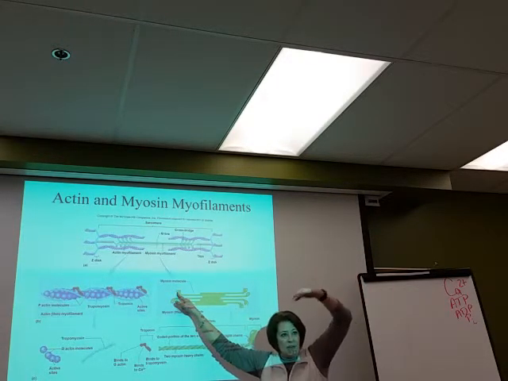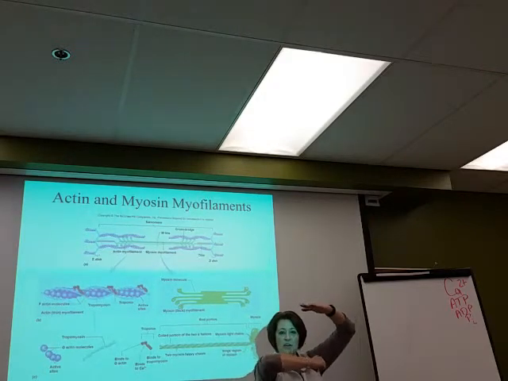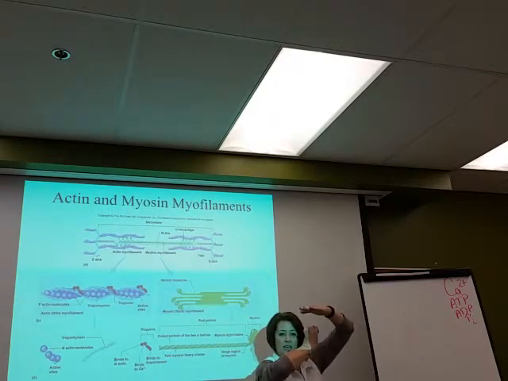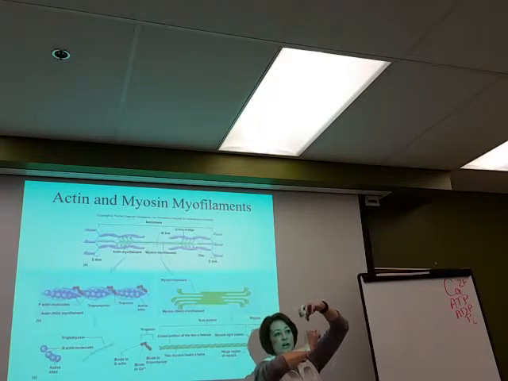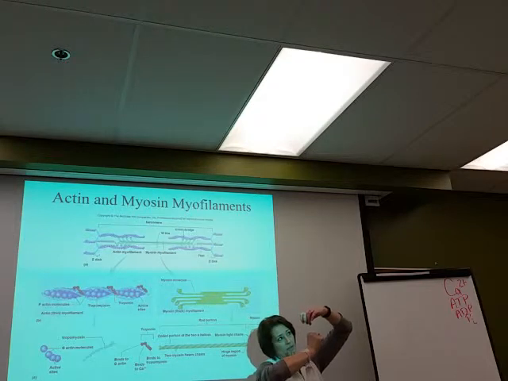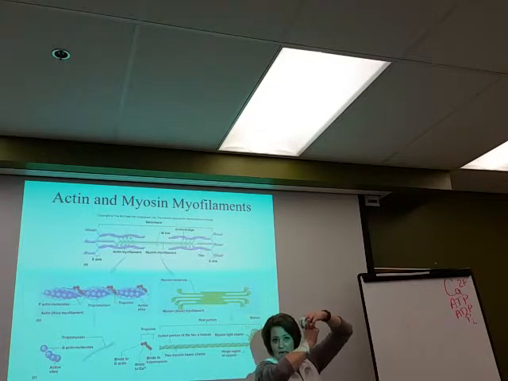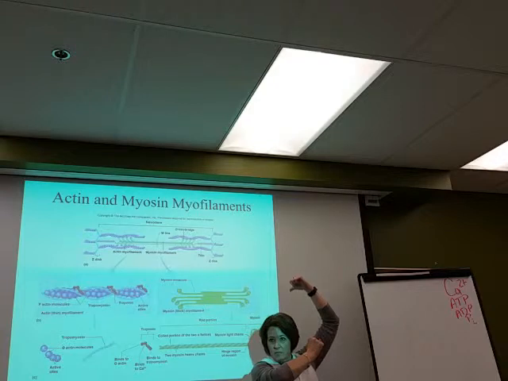So if I have my thin and my thick, and the thick has that golf club head, and if this is one of my actin globes, there's an active site that myosin head can fit into. Does everybody follow me? It was represented on the little video.